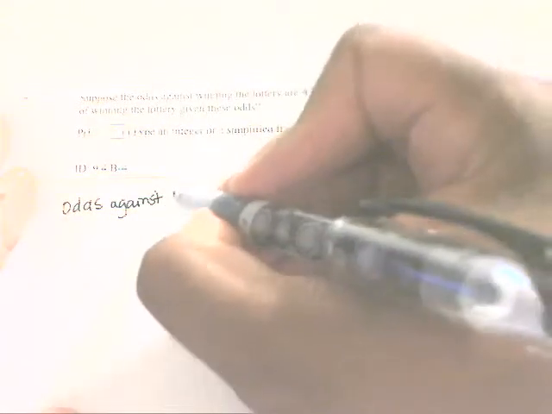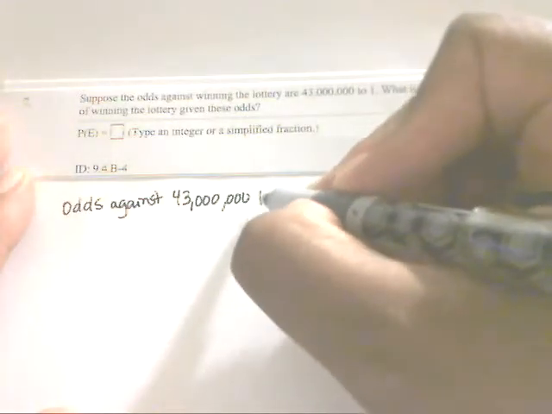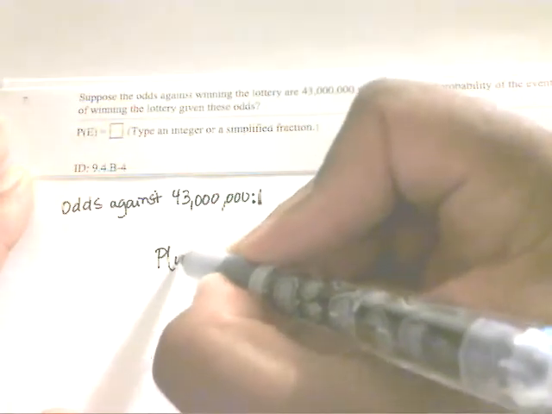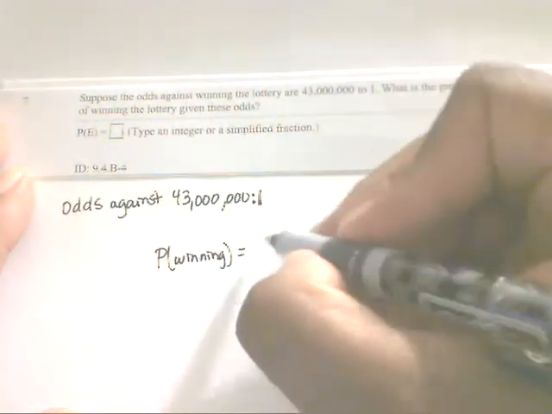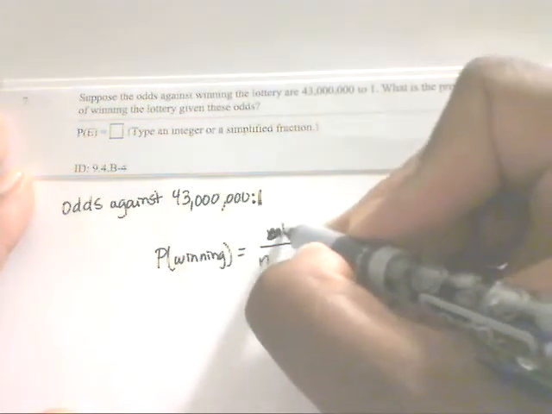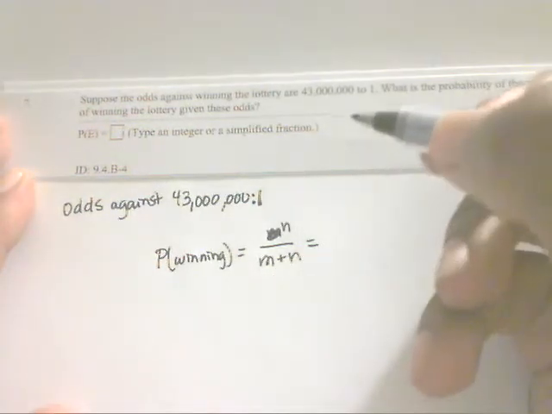So the odds against are 43 million to 1, and we want the probability of winning. Now we're given the odds against, so we have to use N divided by M plus N, because it's odds against.